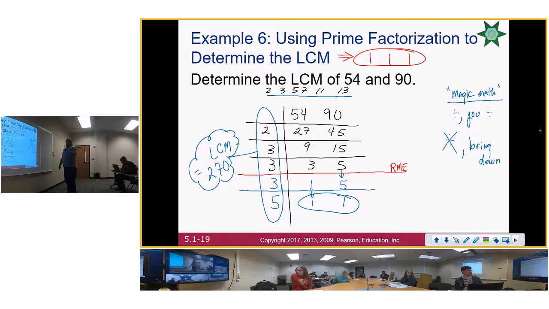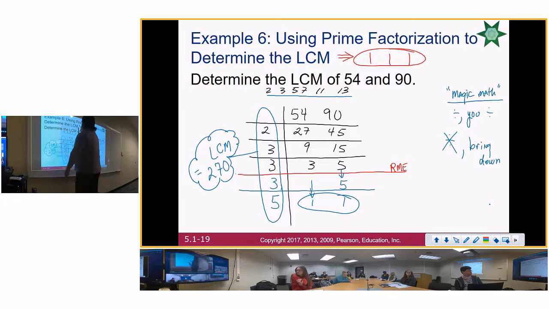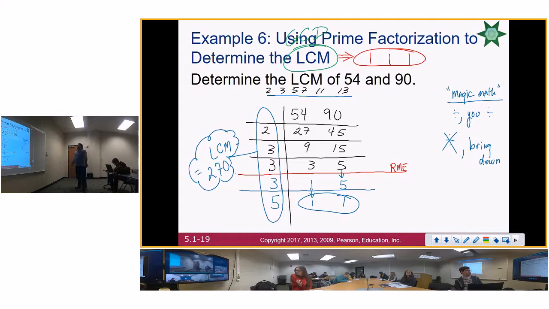The least common multiple is very important. Let's put a green mark beside least common multiple, because that is your greatest common denominator. This is your greatest common denominator when you add fractions or subtract fractions. All right, so let's do another.